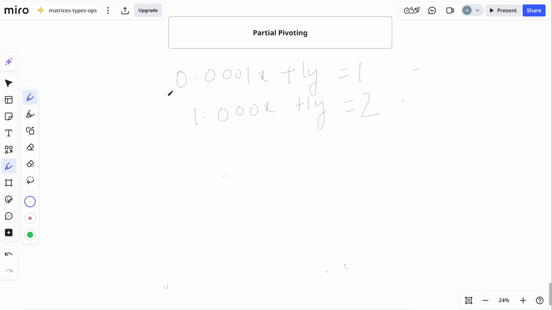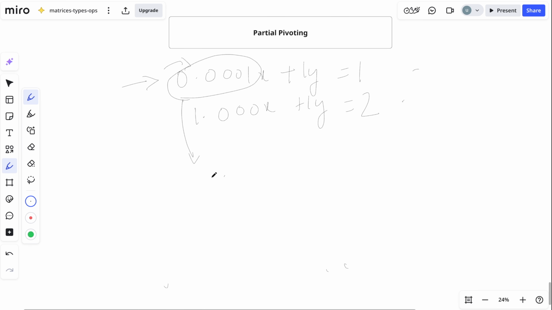In the Gauss elimination method, for the first row we try to convert this element into 1, and the elements below into 0. Now, if you pivot at this element, the elimination error amplifies by almost 10,000 times. Why? Because you are dividing by 0.0001 here, and again dividing by 0.0001, which gets amplified into a very large error.